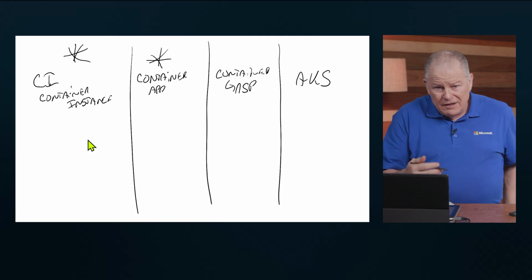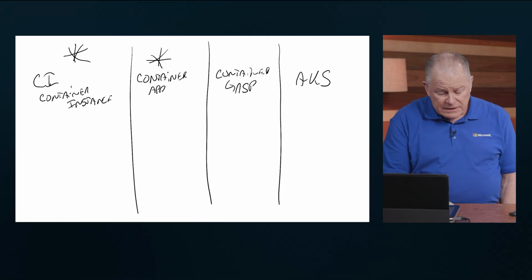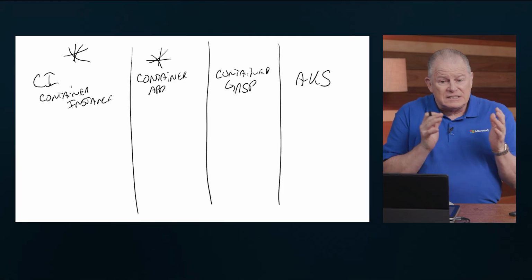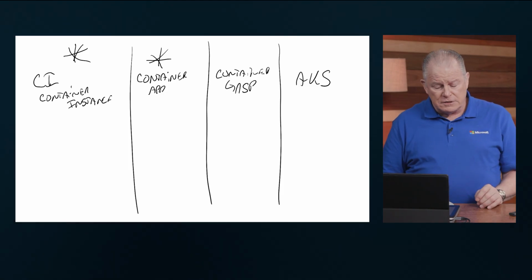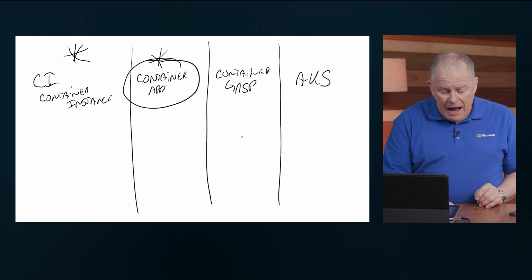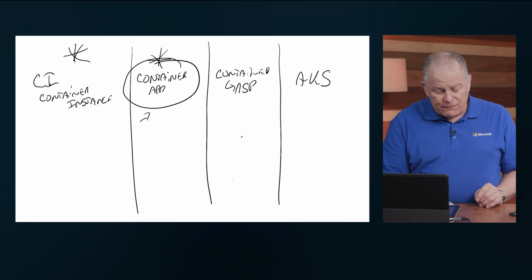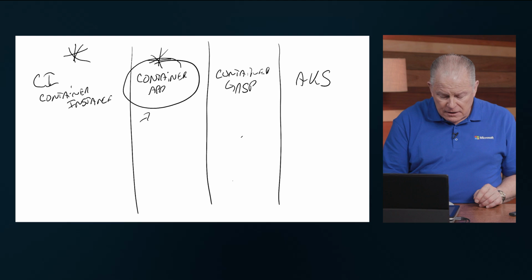Now, in the general description, a container instance is just that. It is a standalone container all by itself with no orchestration. A container app provides for a grouping of containers that have light orchestration.